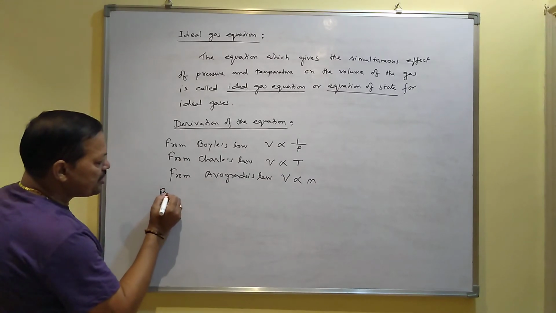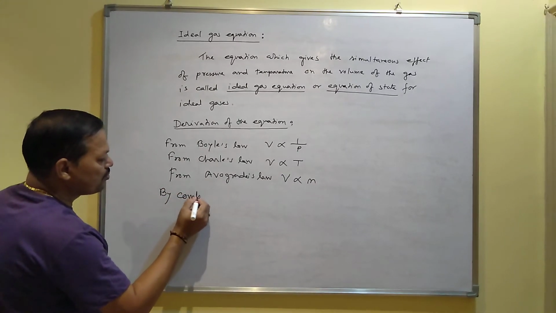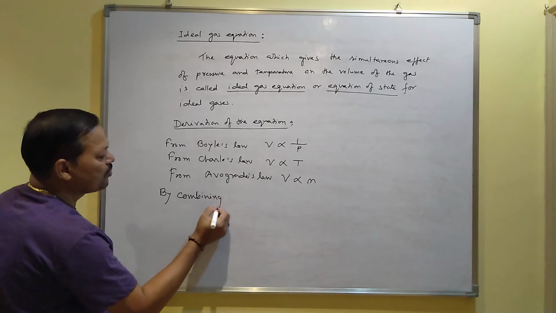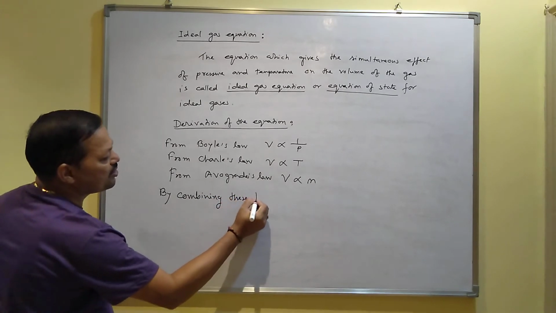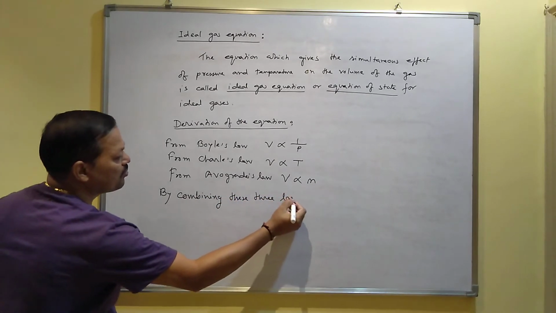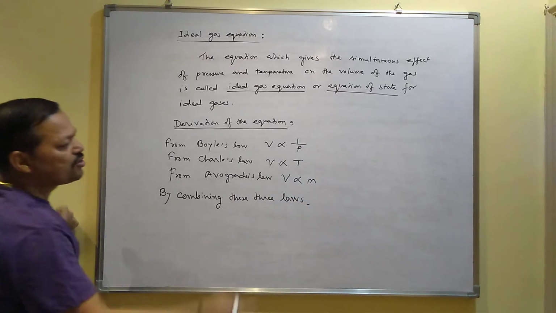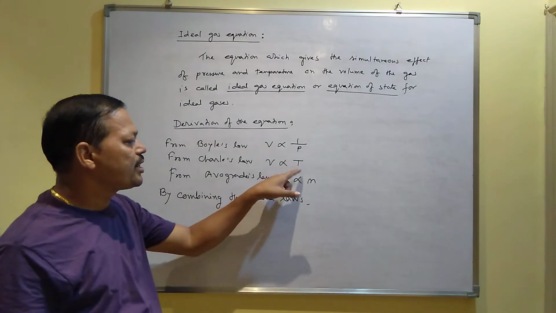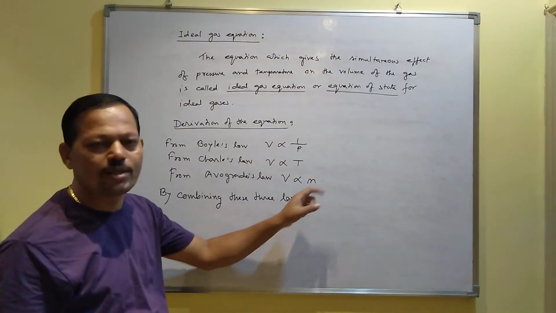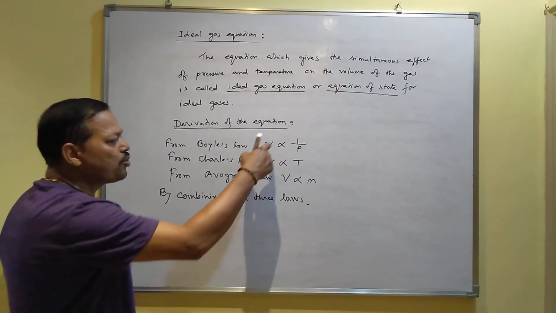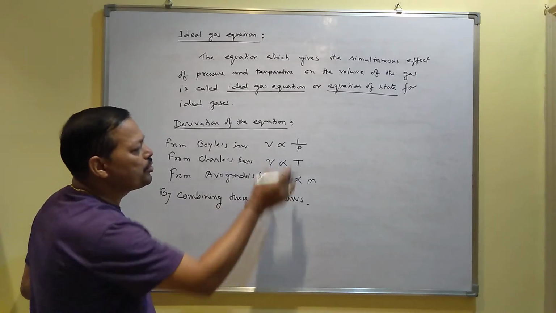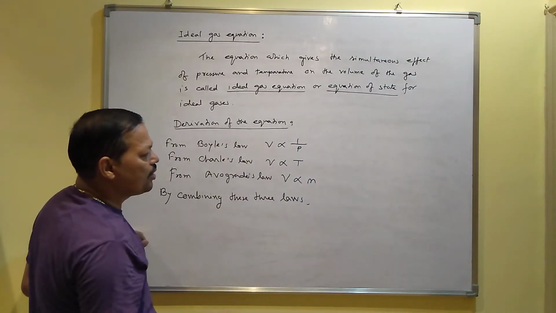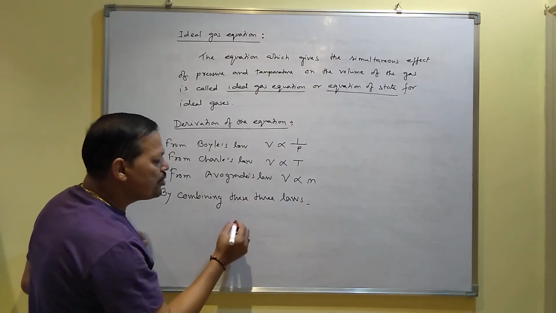By combining these three laws, since all are related with volume, volume is inversely proportional to pressure, volume is directly proportional to temperature, volume is directly proportional to number of moles.